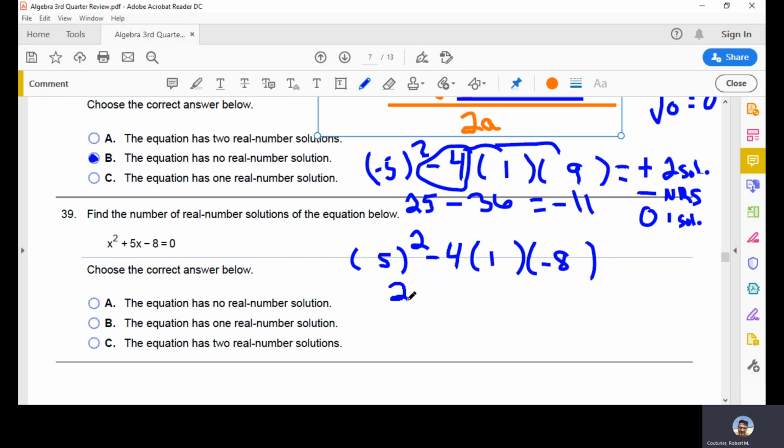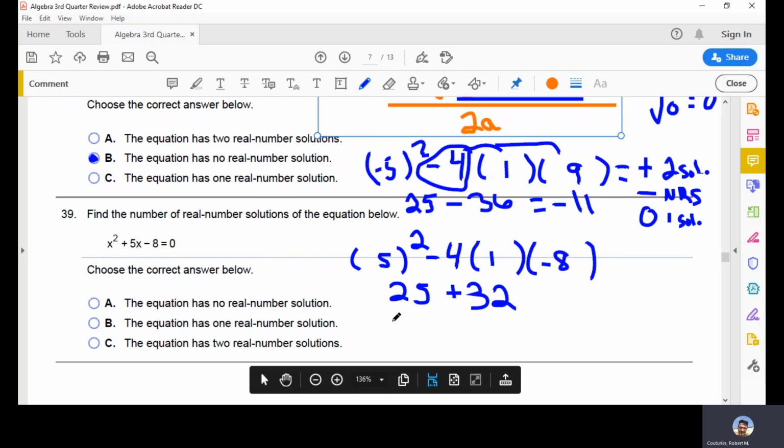So 5 times 5 is 25. -4 times 1 is a -4. And then -4 times a -8 is a positive 32. Well, don't even have to add these together. A positive plus a positive is going to give you a positive answer. And so how many solutions are there? There are 2 real solutions there for you. That's all these are.